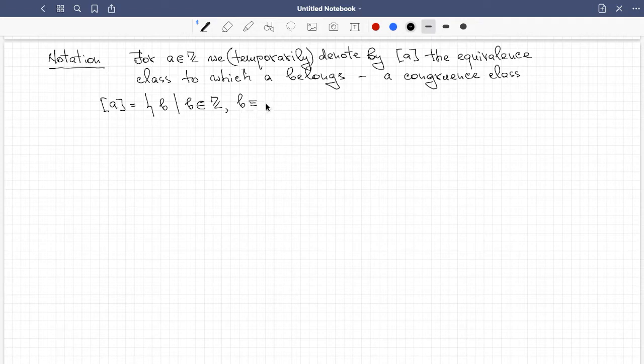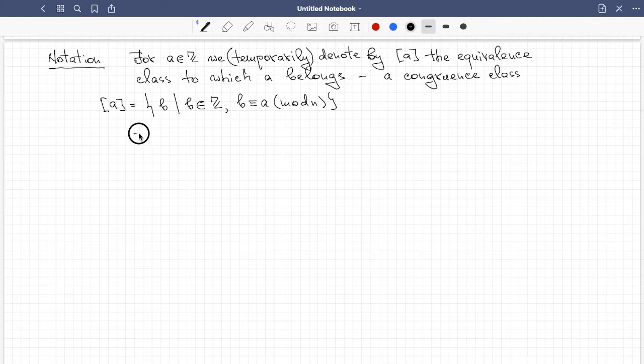b is congruent to a mod n. We fix n and introduce equivalence classes.